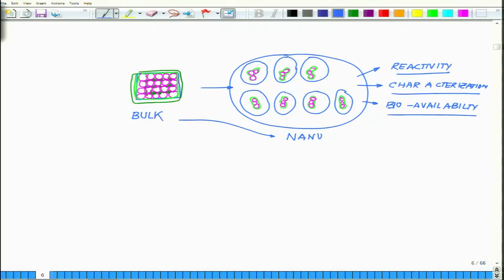Okay. So now the question arises, what will be those industrial techniques? How can we make them?